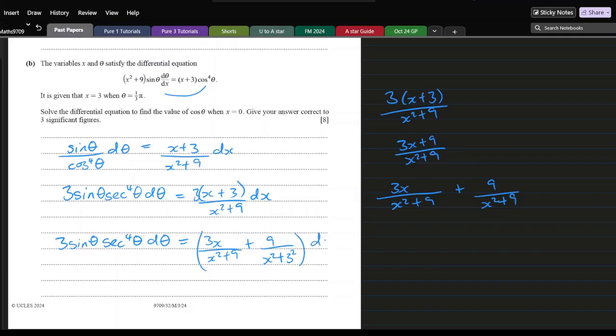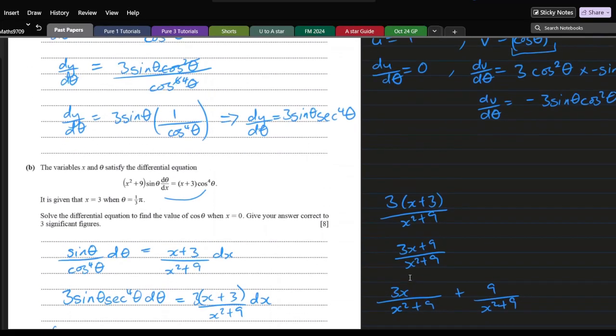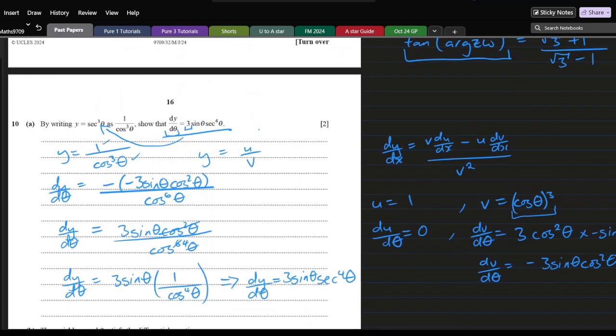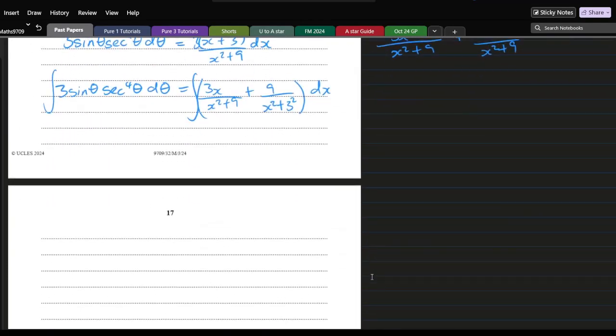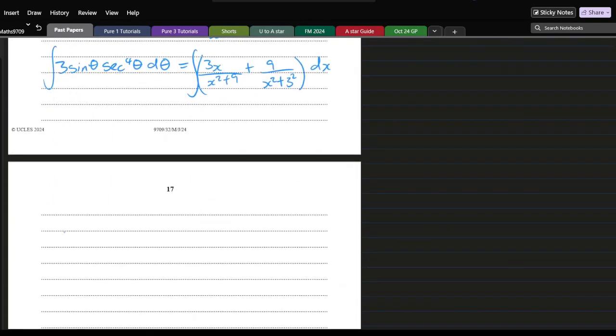This is with respect to x, and now we want to integrate both sides. We said our left hand side, 3 sine theta sec to the 4 theta, should integrate to sec cubed theta, as we proved in part A. So that means on the left we've got sec cubed theta plus a constant of integration.